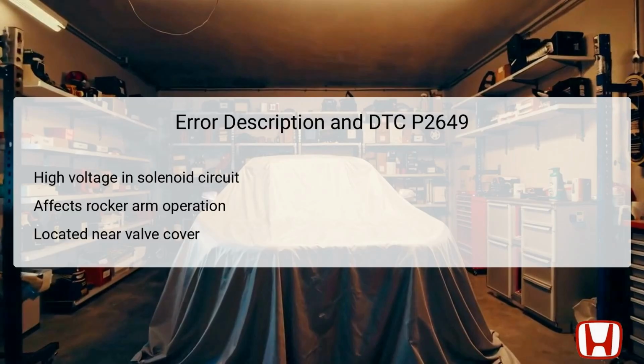DTC P2649 specifically indicates a condition where the rocker arm oil control solenoid circuit is experiencing high voltage, which can disrupt normal vehicle operation. The rocker arm oil control solenoid is responsible for regulating the oil flow that facilitates the timing adjustments of the rocker arms.